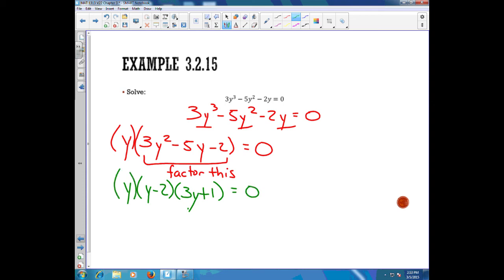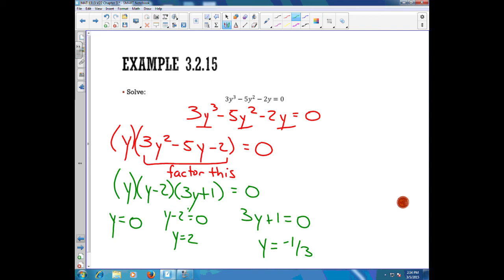And so what we have is the multiplication of 3 linear factors, and we would do the same thing here that we would do if it was just 2. Take each piece and set it equal to 0. Well, we get y equals 0. y minus 2 equals 0, which if we solve that, we get y equals 2. And then 3y plus 1 equals 0, which if you solve that, you get negative 1/3.